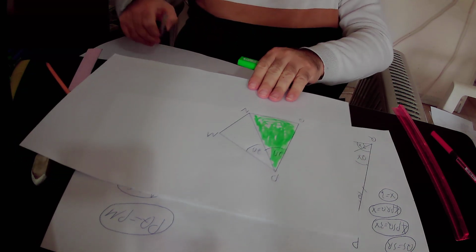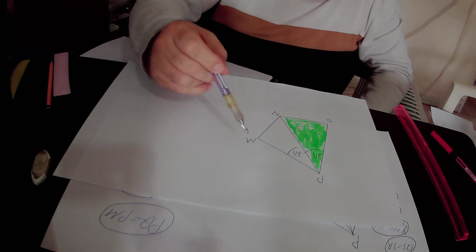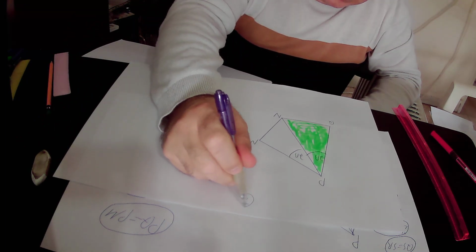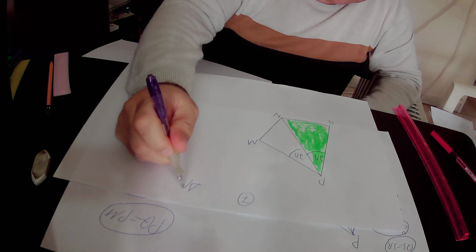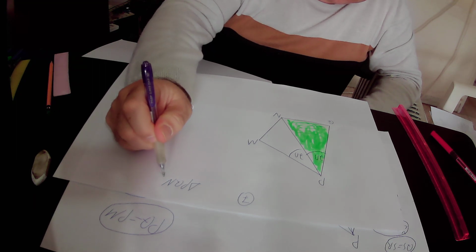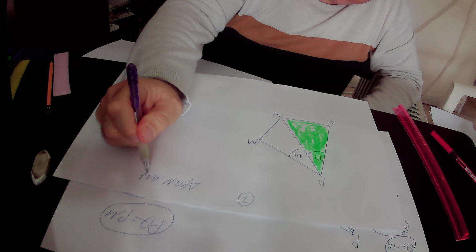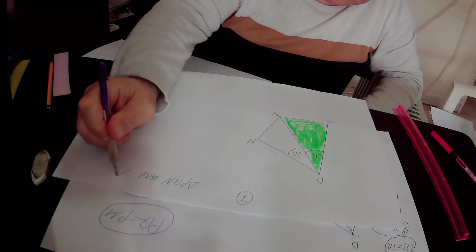So I write it down, the green triangle PQN can go to the white triangle PNM.